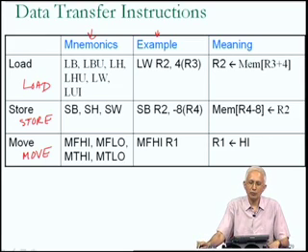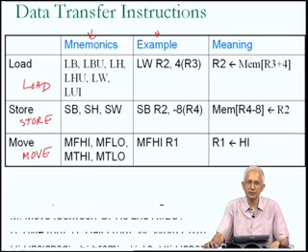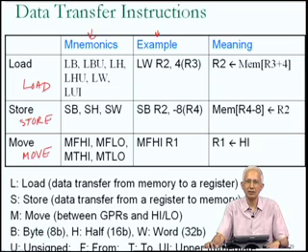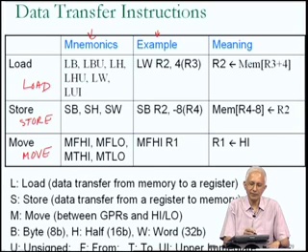Now, before actually going into the instructions one by one, I am going to put up some information which is generally applicable to understand the terminology which is used in these mnemonics. So basically, whenever there is an instruction that starts with the letter L in these tables, it is a load instruction. Whenever there is an instruction that starts with the letter S, it is a store instruction.